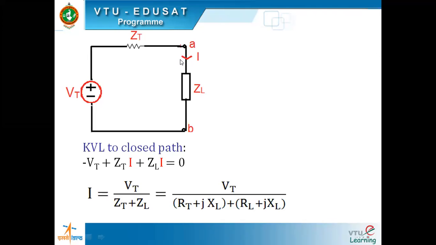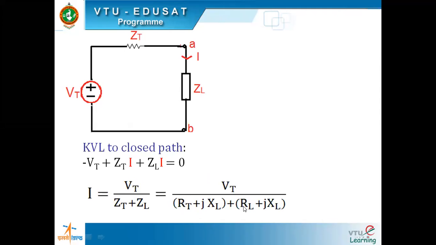This I looks like this. Why does it look like this? You apply KVL, obtain the equation for I, which happens to be Vt by Zt plus Zl, and express these impedances in terms of the resistance and the reactance. So it looks like this. Now what shall we do? We shall see here in the denominator we have real terms as well as imaginary terms.